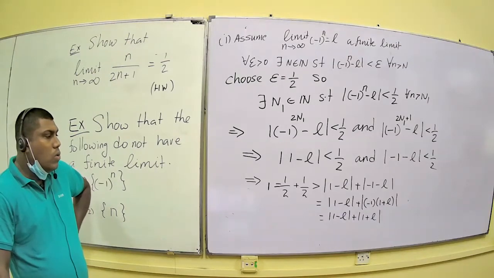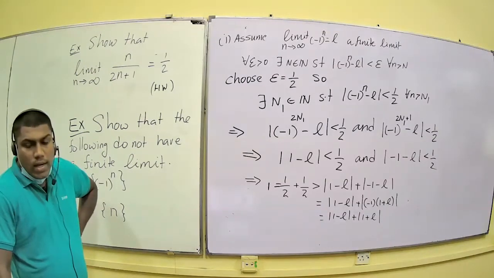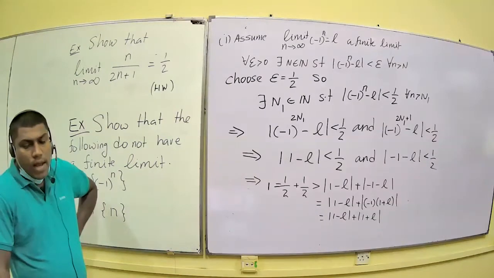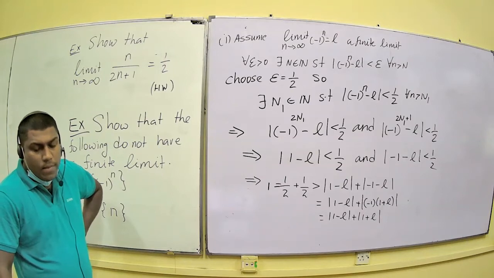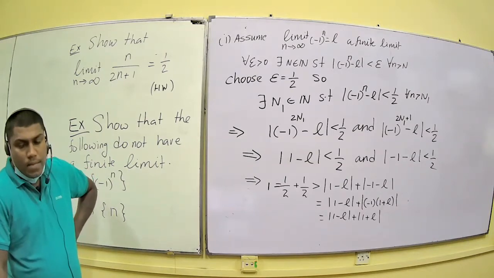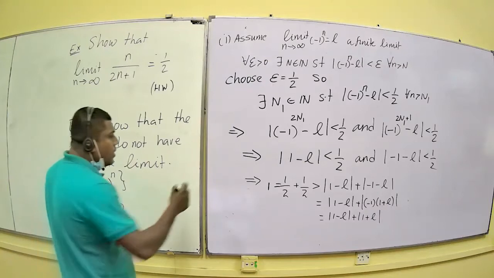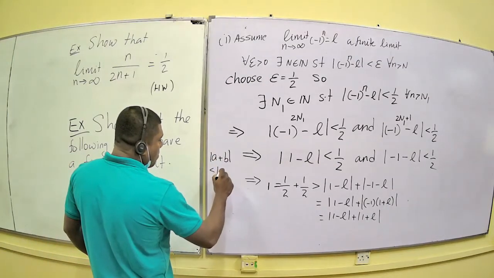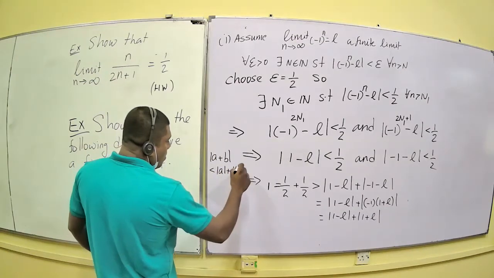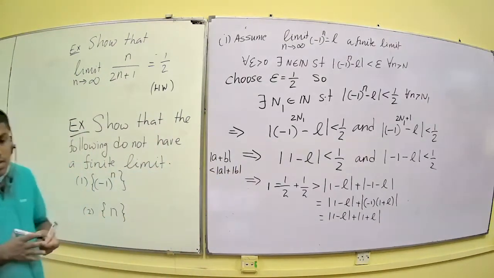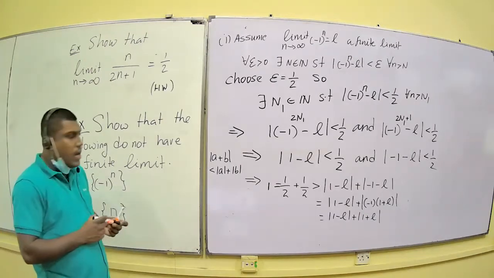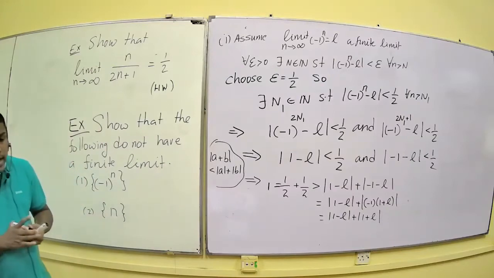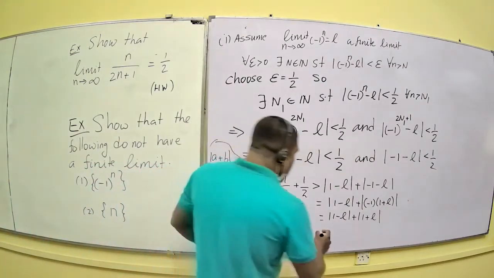Now, you studied the triangle inequality of absolute values in the first chapter: the absolute value of A plus B is smaller than or equal to the absolute value of A plus the absolute value of B. So you apply the triangle inequality here.